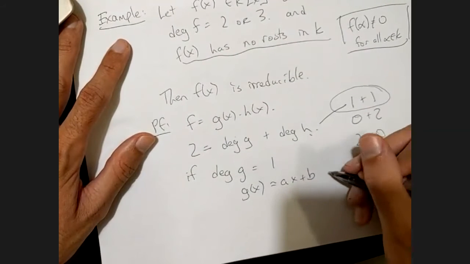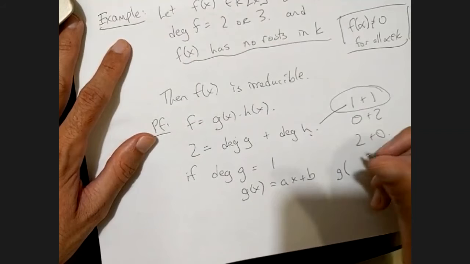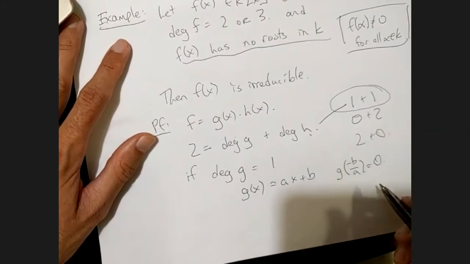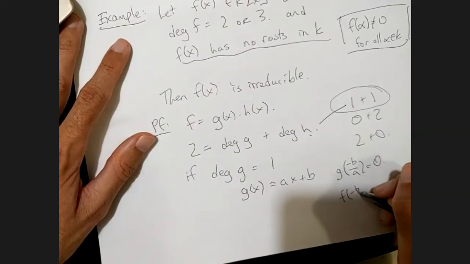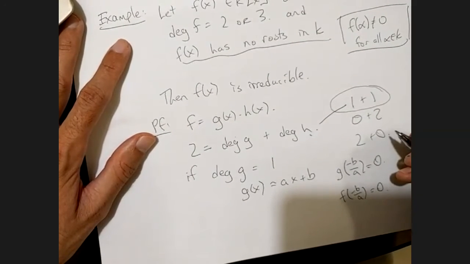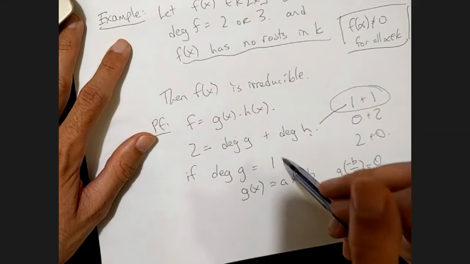And so g of x has the root: g of negative b over a equals 0. Well, now, therefore, f of negative b over a equals 0. Therefore, f has a root. But f has no roots, so this can't happen.